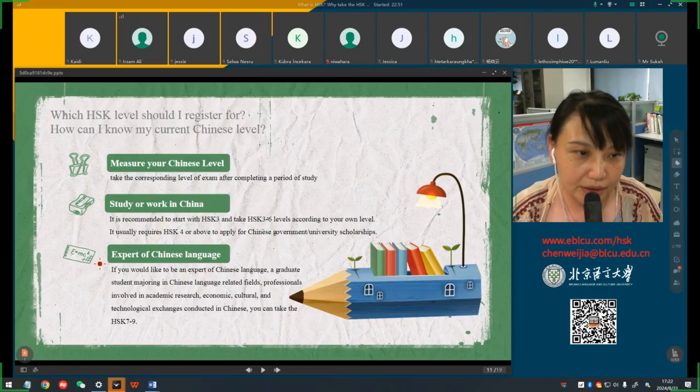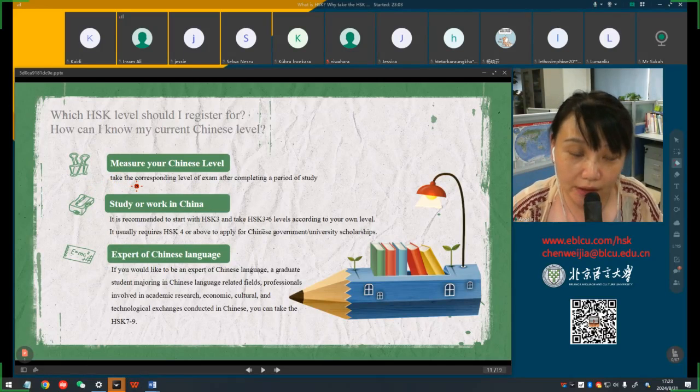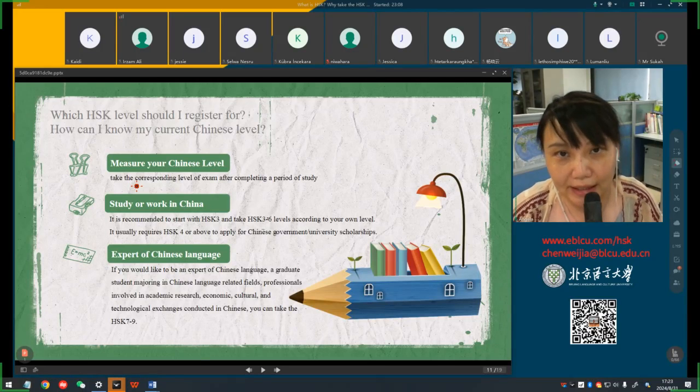Also, I have some suggestions here. If your goal is just to measure your current Chinese level, you can just take the corresponding level of exam after completing a period of study. For example, you finish a study course of HSK 1.